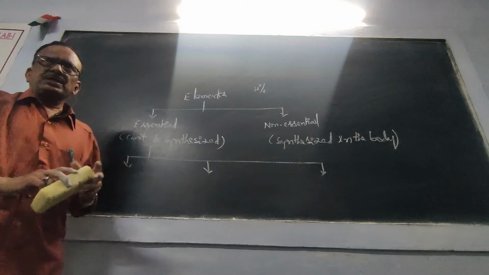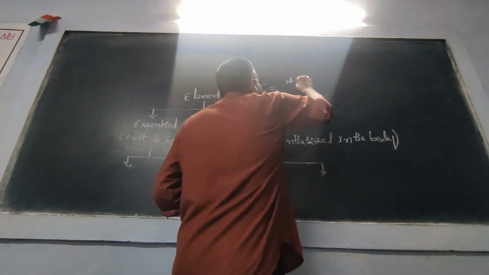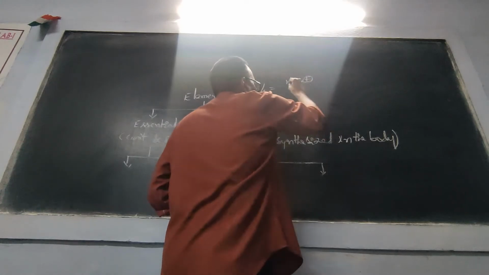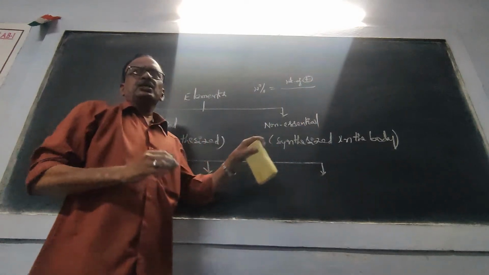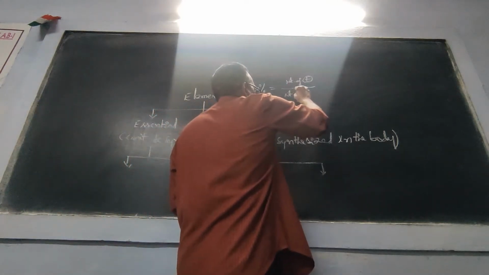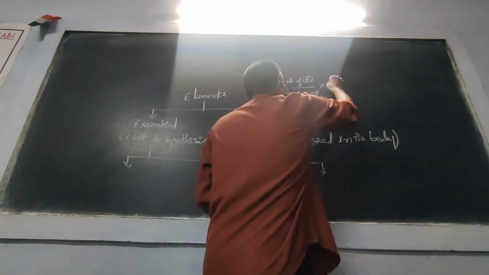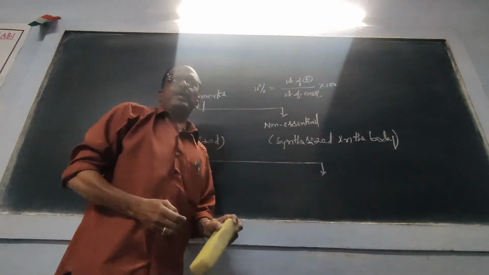What is the weight percent? Weight percent is nothing but the weight of an element that is present in the form of a compound, divided by the weight of that compound, into 100. This is the equation we are using.